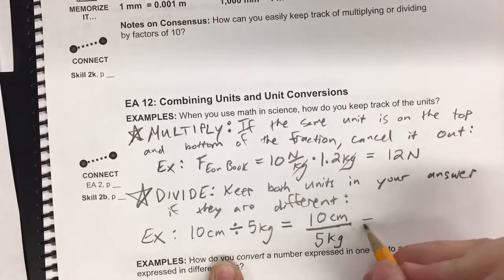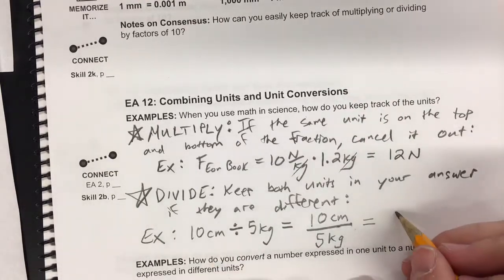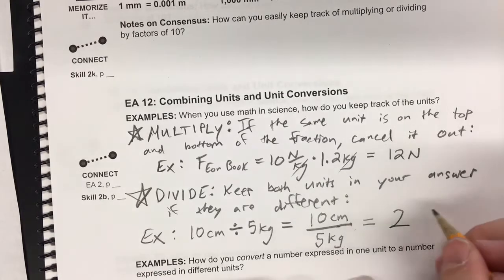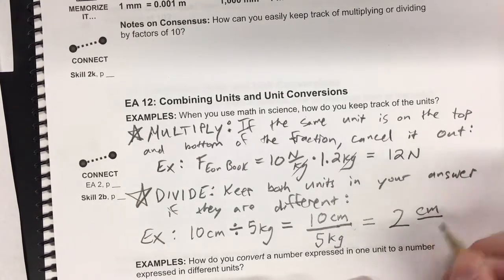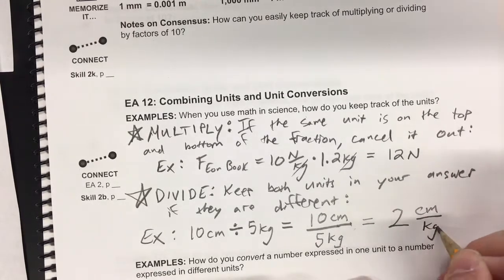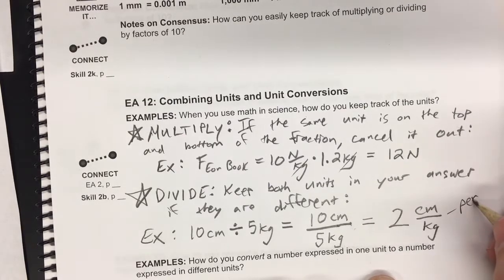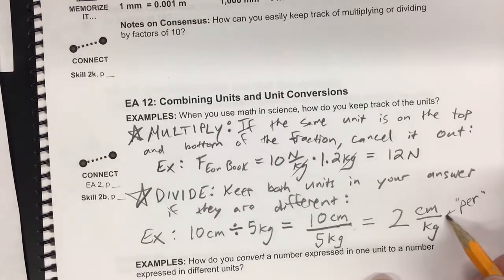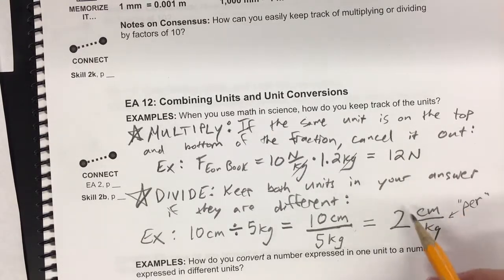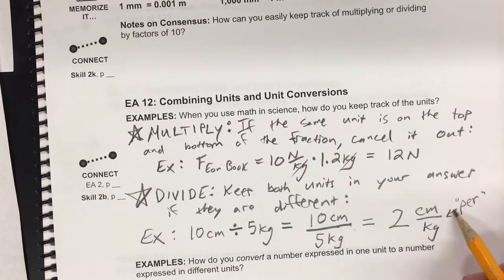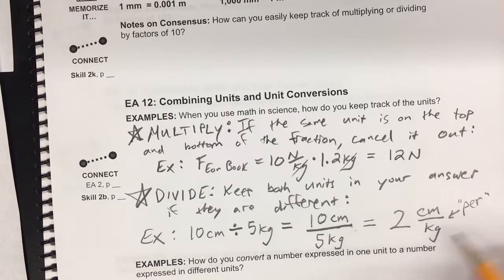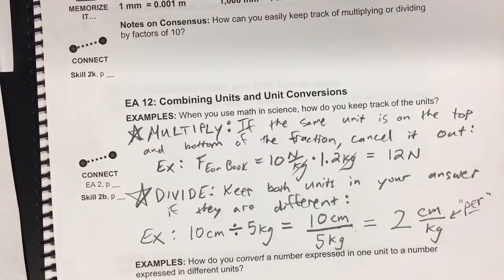And what we're saying here is the answer is going to end up being 2 centimeters over kilograms. This is often pronounced per. That is, we could call this 2 centimeters per kilogram. Often when we see this slash sign between the two units, we use that phrase to read those two units together.